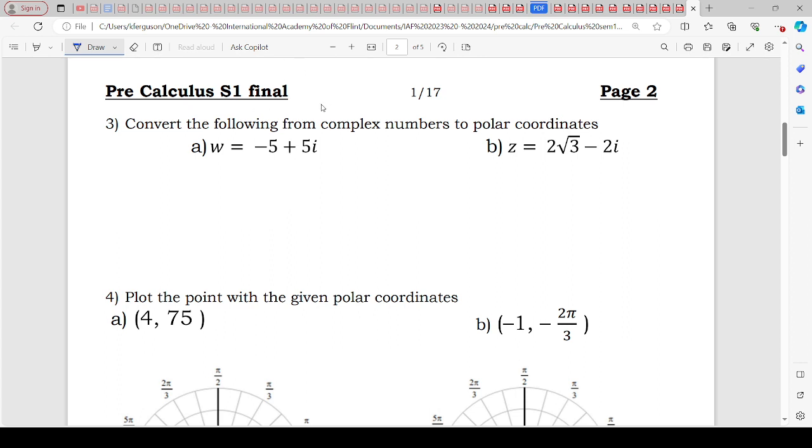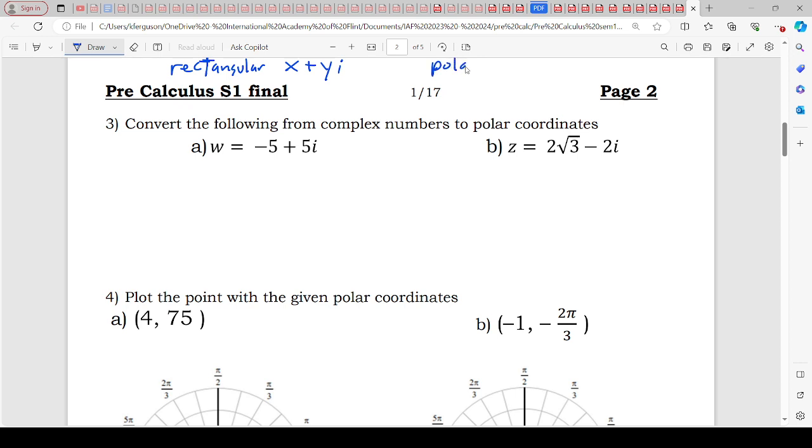All right, changing from complex numbers to polar coordinates, I need to remember a couple things. Rectangular coordinates go x plus y times i.